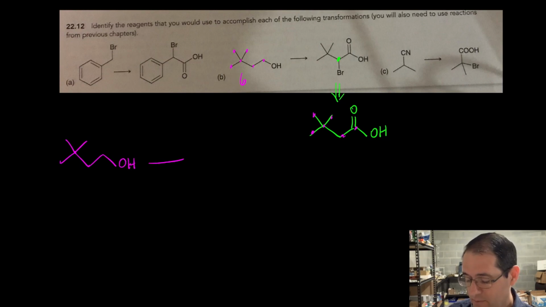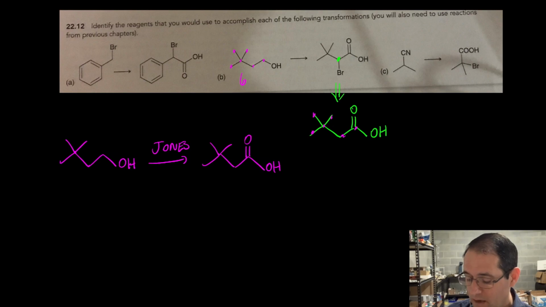If we take this and we treat it with a Jones reagent, I just write Jones. I don't write sodium dichromate, sulfuric acid, H2O, acetone. I just write Jones to keep it simple for my students. This will make the carboxylic acid.